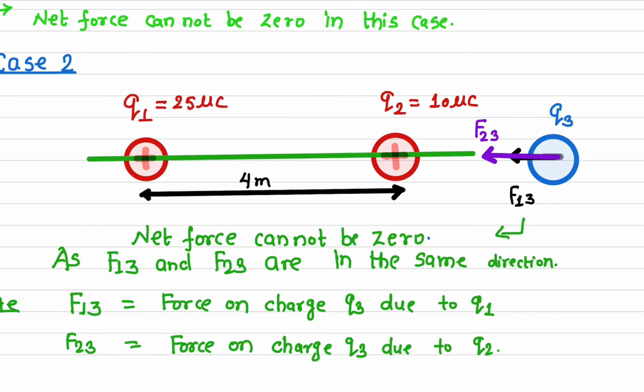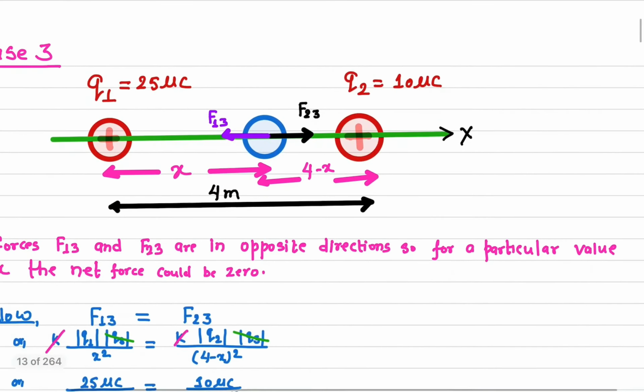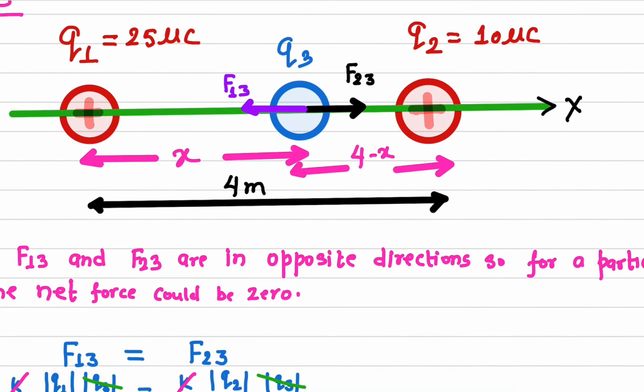So there is only one possibility now, and the possibility is the charge Q3 has to be located in between here. So now let's try to draw the direction of the forces. Here, this is the charge Q3. The force on charge Q3 due to Q1 is in this direction. It will attract. And the force on charge Q3 due to Q2 is in this direction.